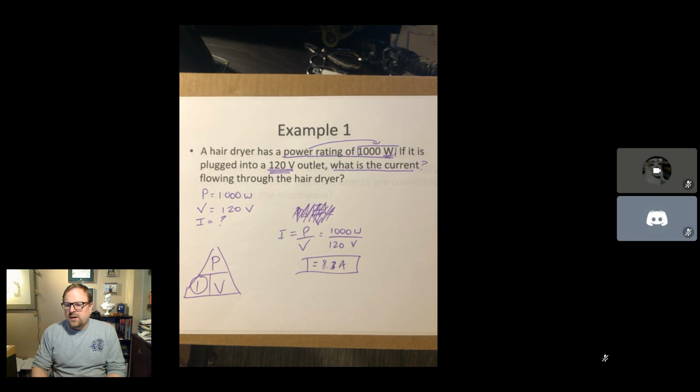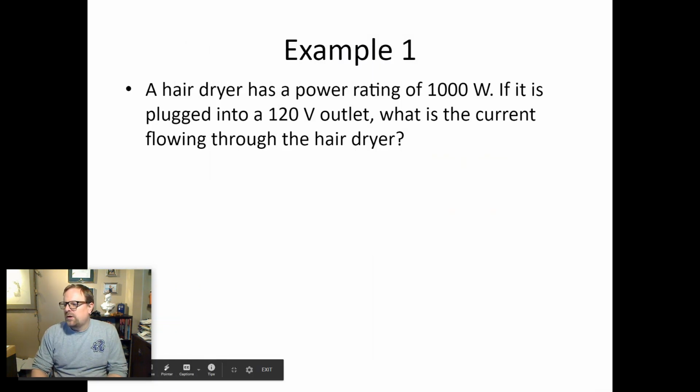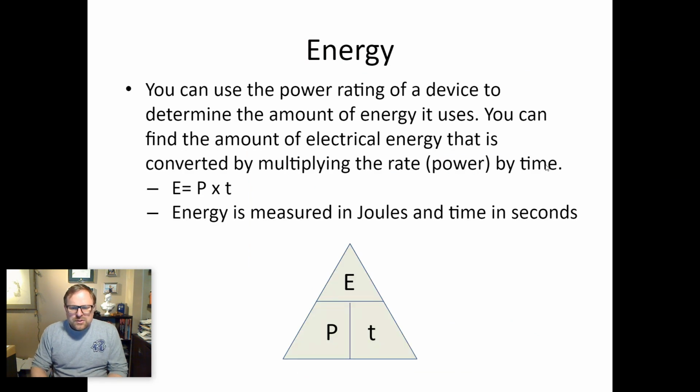I'm going to shift us back to our Google Slides, and we're going to continue on. So what I promised earlier on is that we're going to spend some time trying to link power to energy. And we kind of did already, because we said that power is the amount of joules per second that a device is converting.